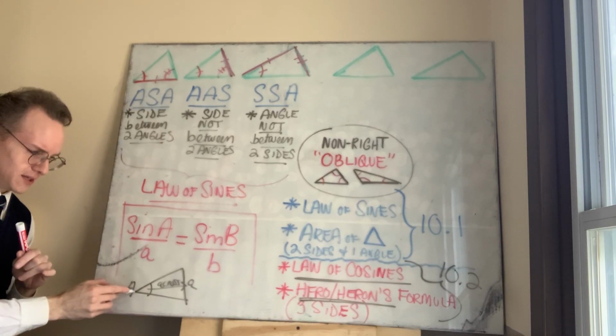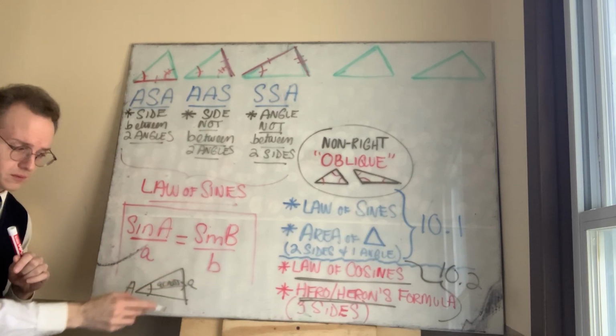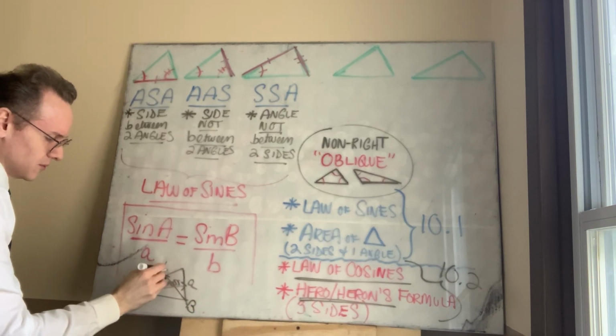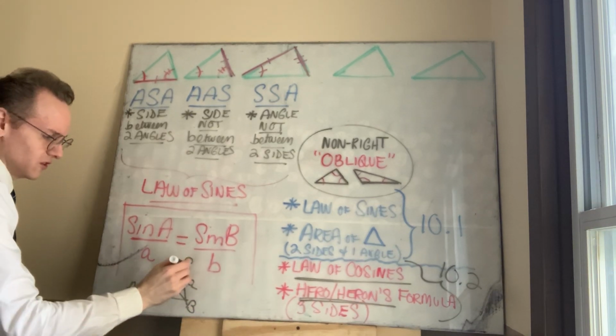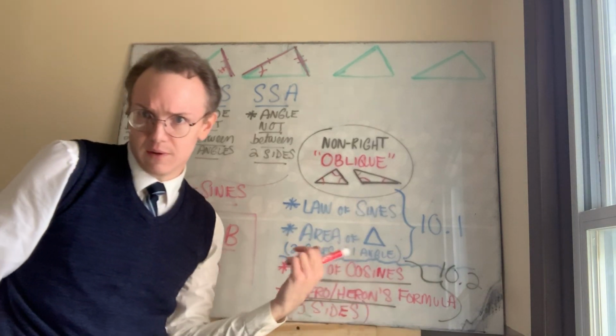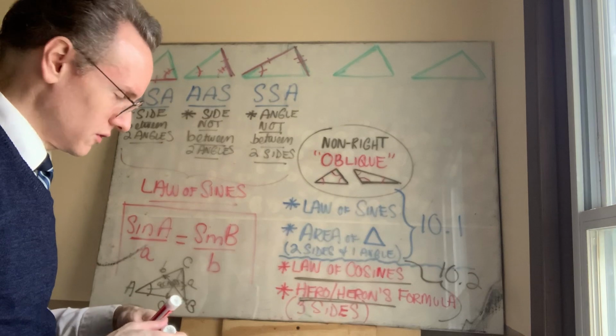So if you have angle A here, then side A would be over here. If you have B here, then side length B would be here. And if this is C, then this would be C. They're always opposite of the angle, the corner, the vertex.